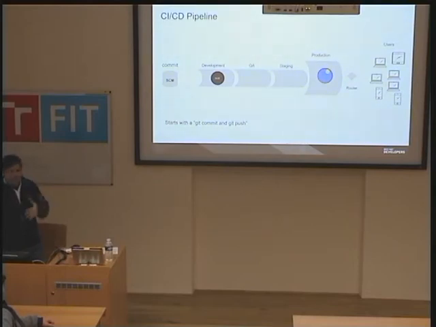In the development stage, you can run the unit tests, and if that's okay, you can deploy that in the quality assurance, and probably there you will run the integration tests. If the software is okay in the QA area, you can then move it automatically to the staging area. And for the staging, probably the QA team will test it, some other guy will test it, and if it approves, it can go to the production.